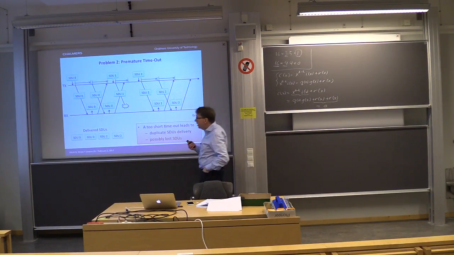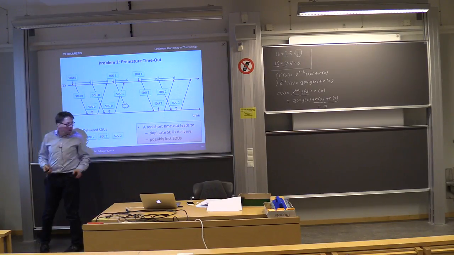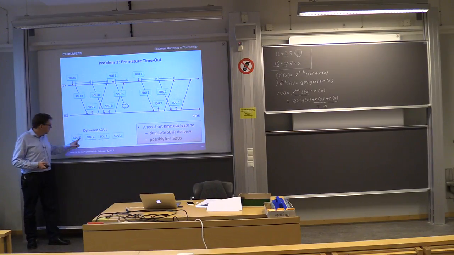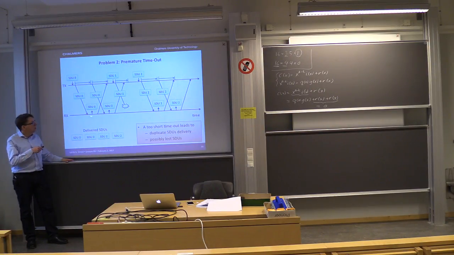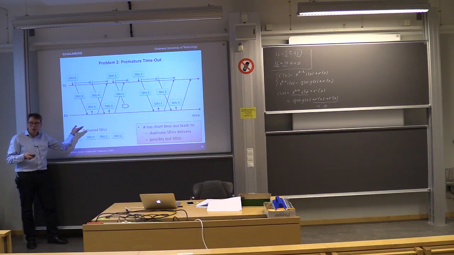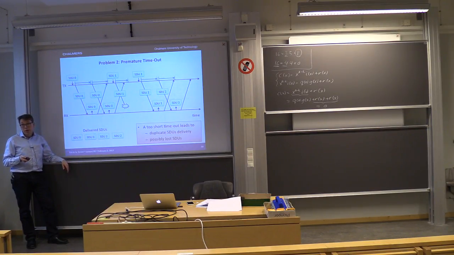Well, actually the key is already here. We see here that when we deliver this, there is a sequence number here, right? So what we want to do is, at the transmitter, attach sequence numbers to the data we transmit. And at the receiver, we need to check that the sequence number of the STU we receive is actually correct, what we expect it to be. And therefore, we can avoid this, right?